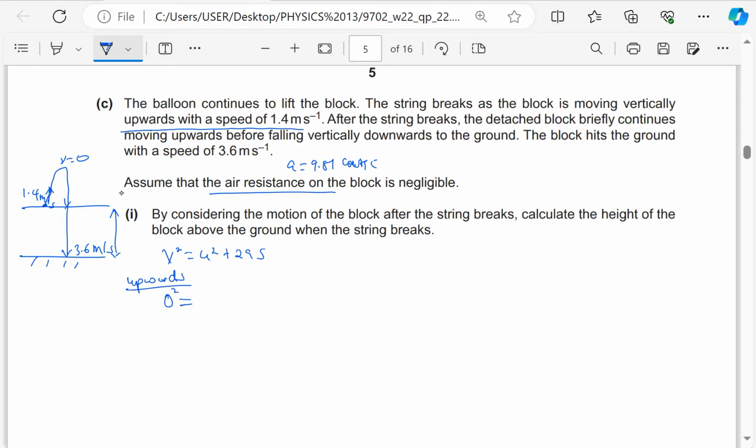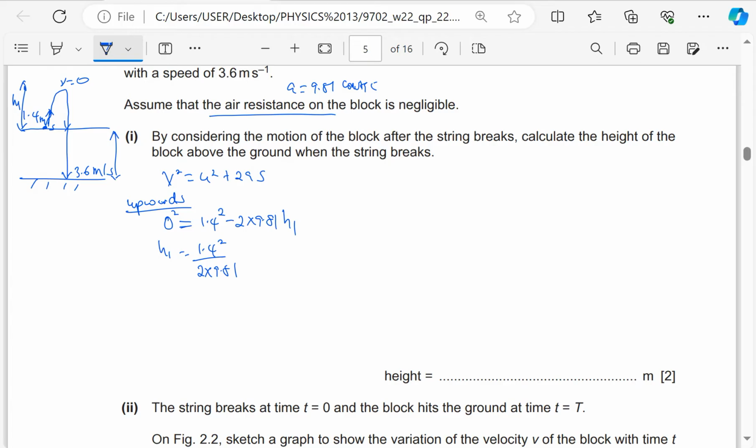So 0 squared equals the initial velocity 1.4 squared, minus 2 times 9.81 times h1, since it was moving against gravity. So h1 is going to be 1.4 squared divided by 2 times 9.81. Then I'll consider it going downwards.